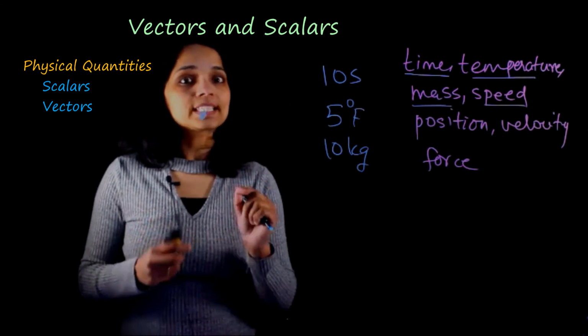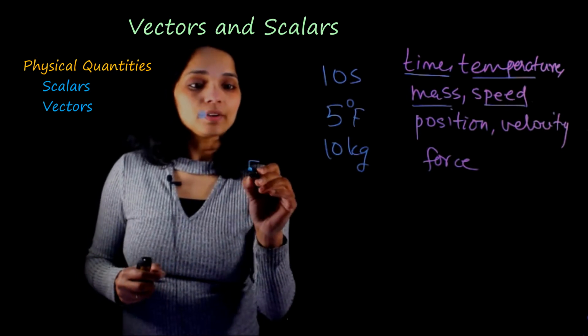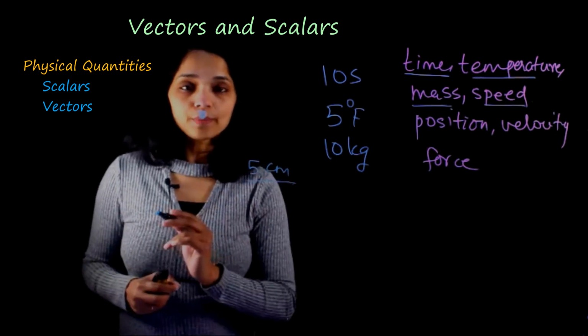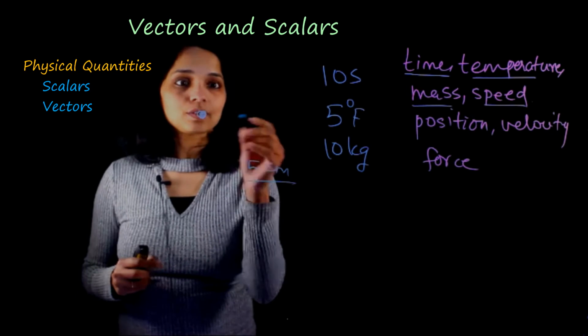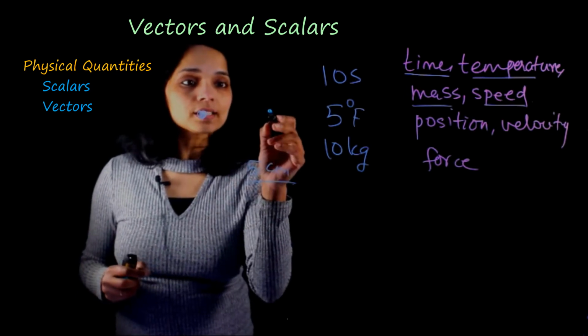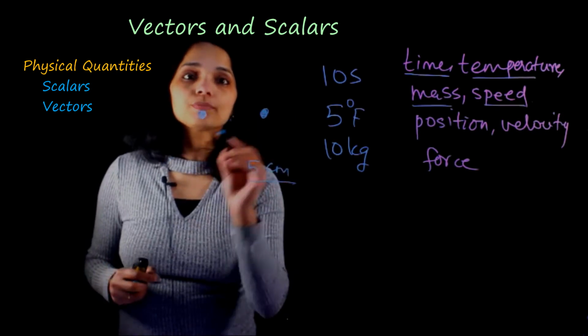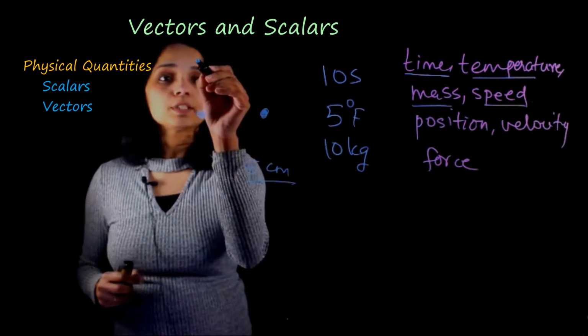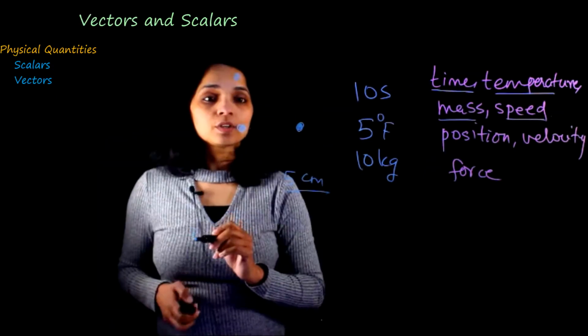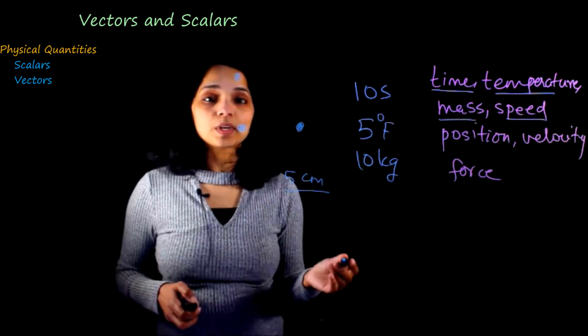So, to make complete sense of it, I need 5 centimeters, that's a magnitude, plus a direction. If I'm asked to put a dot at 5 centimeters to the right, I'm confident in putting it here. And 5 centimeters to the top, I can do it here. Such quantities are known as vectors.